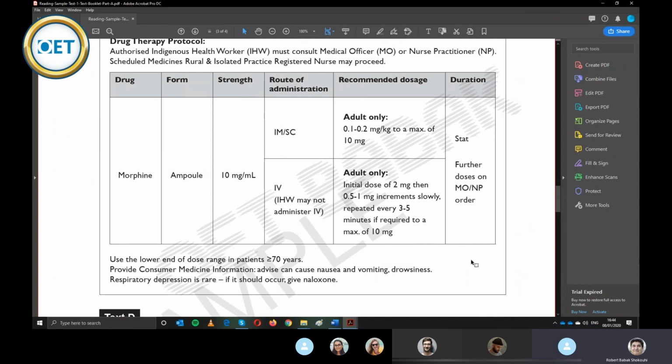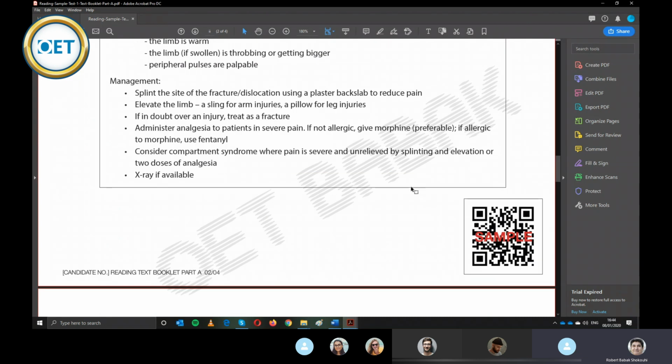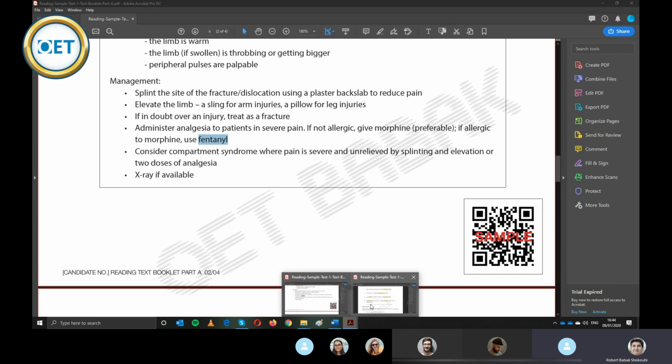Do we have allergic here? No. Okay, we go up to management. Analgesia. Morphine. If allergic to morphine, fentanyl. So the answer is fentanyl.